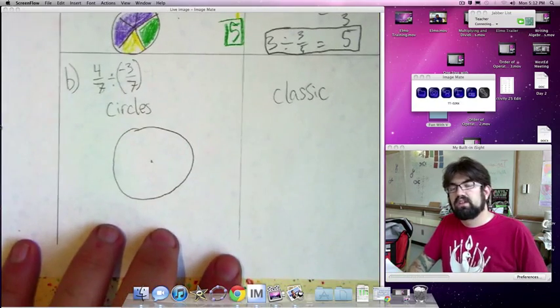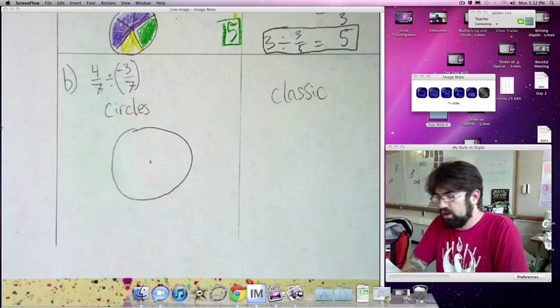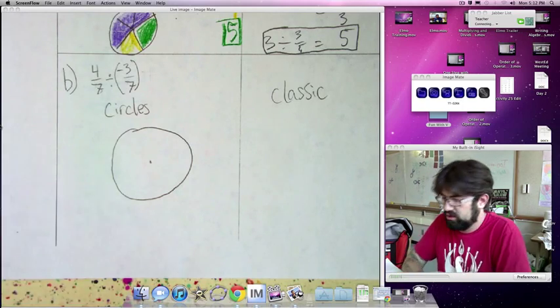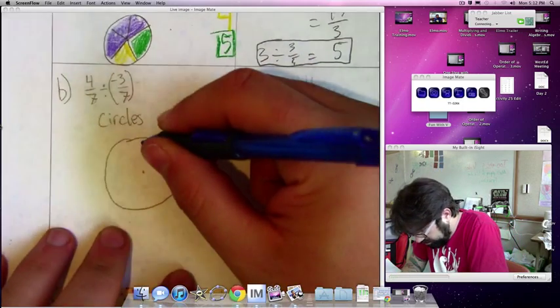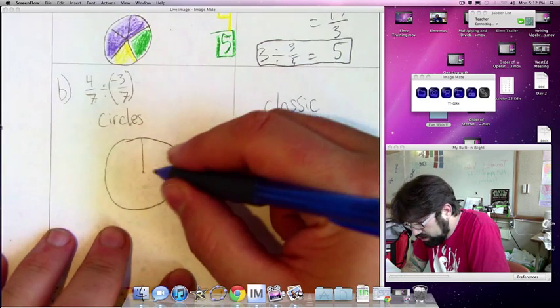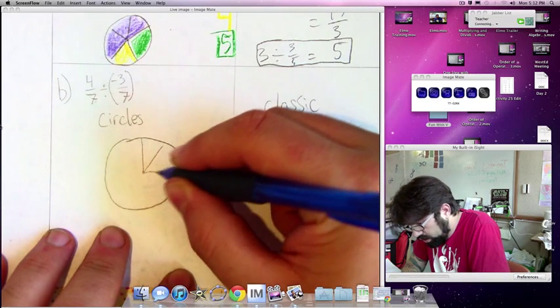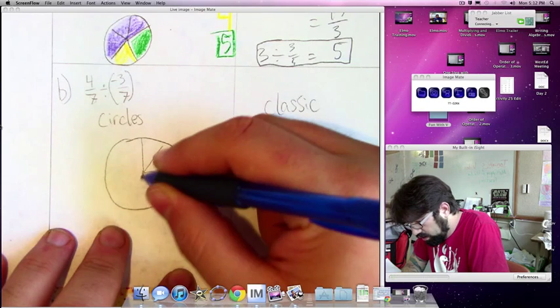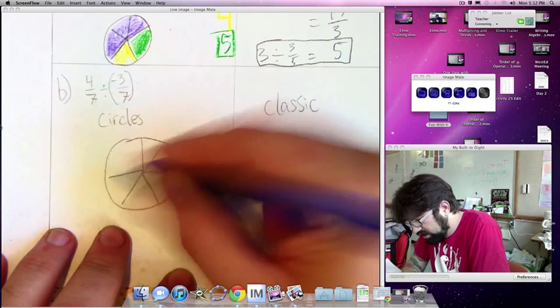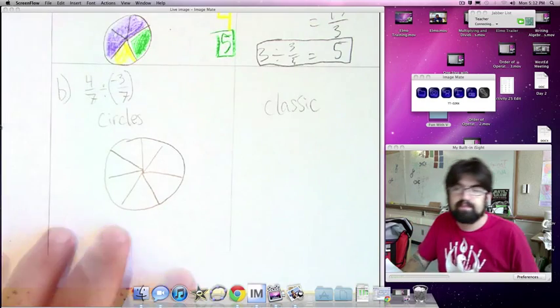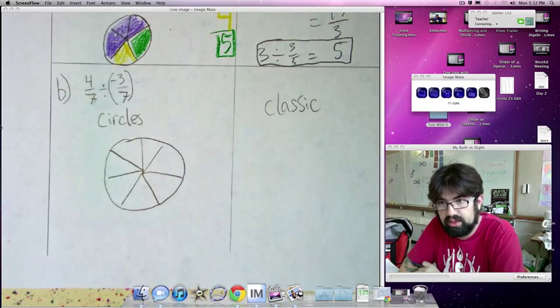I've got 4 7s. So first off, I'm going to do this with the circles. I'm going to break it into 7. It's 1, 2, 3, 4, 5, 6, 7. Okay?